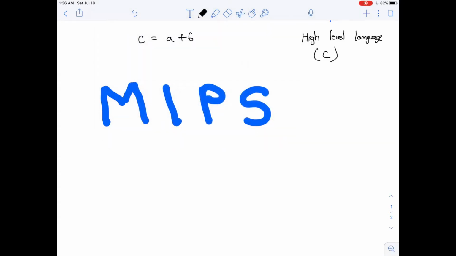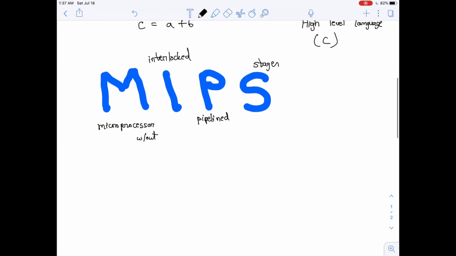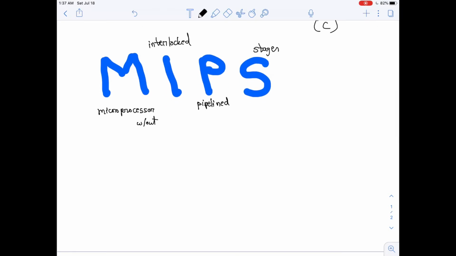MIPS stands for microprocessor without interlocked pipelined stages. The full form of MIPS sounds pretty daunting, but we'll learn about what each of these means later down the course.